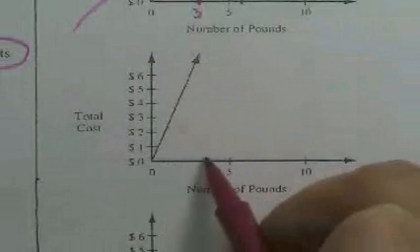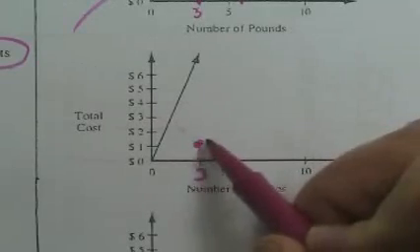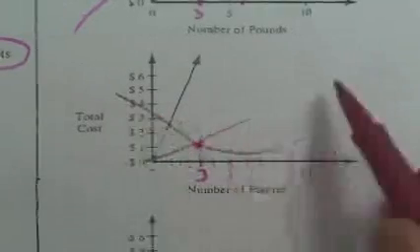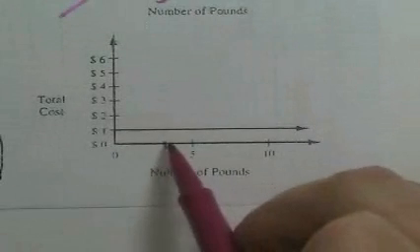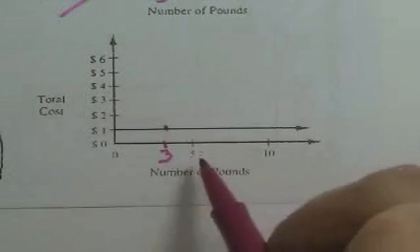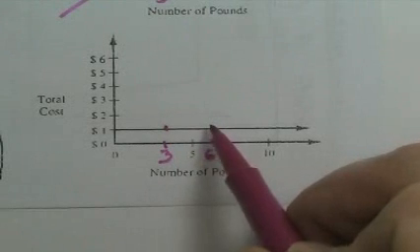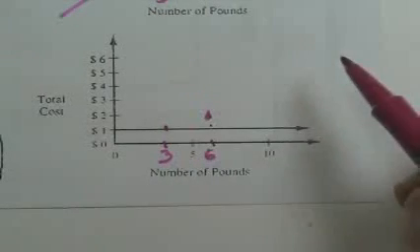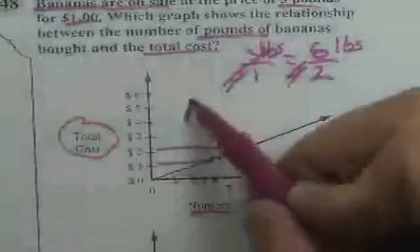At 3 pounds, is it $1? No, the line would have to go like that. That's out. And the last one over here, at 3 pounds, is it $1? Yeah, but at 6 pounds, is it $2? No. So it should be going up like this. So the correct answer is the first one, which I didn't put a letter there, but it's letter A.